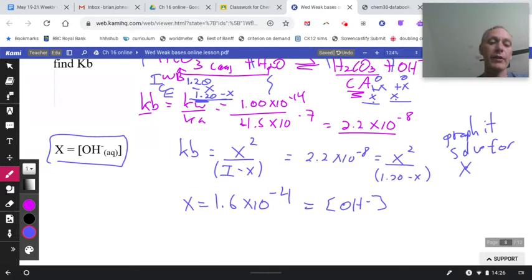Okay, so now the question asks us to find pOH. This is a long question. That's why we saved this chapter till last. You need all these Chem 20 and Chem 30 skills to put together at the end of the course. Okay, pOH is negative log of concentration of hydroxide.